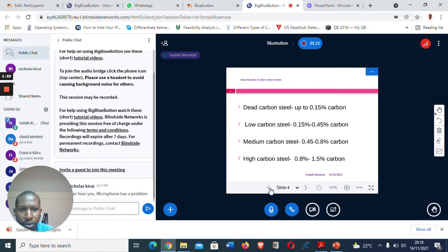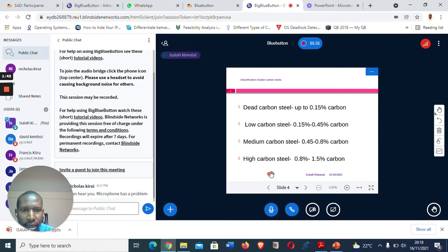We have four types of carbon steels: dead carbon steel, low carbon steel, medium carbon steel, and high carbon steel. What differentiates these types of steel is the carbon content.